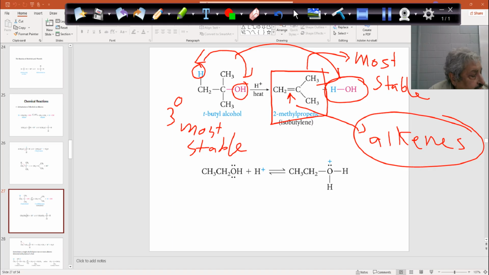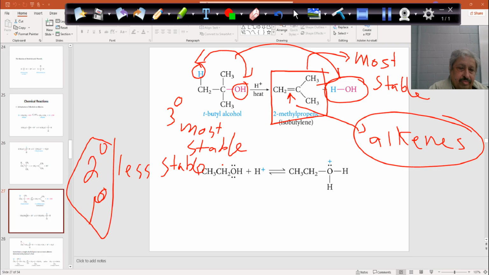If I have secondary, it will be less stable. The primary is the least stable. So that will affect the stability of the alkene you are producing. This one is very stable because it's coming from tertiary. The secondary alcohol is less stable, and the primary alcohol, those are alcohols here.